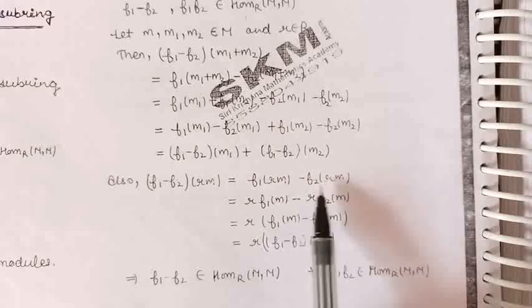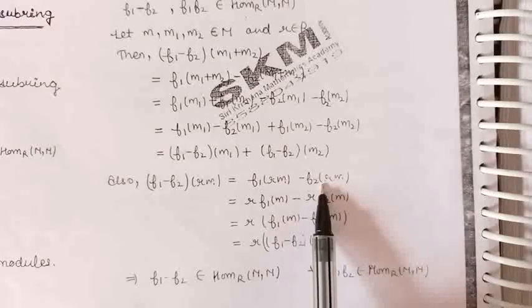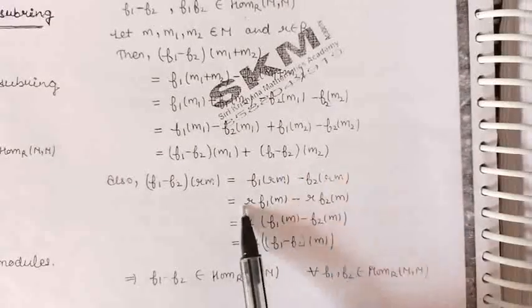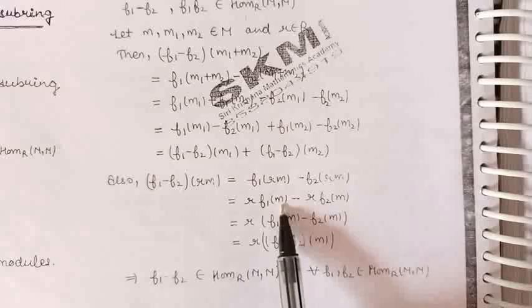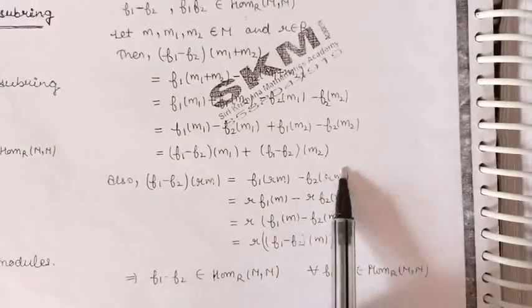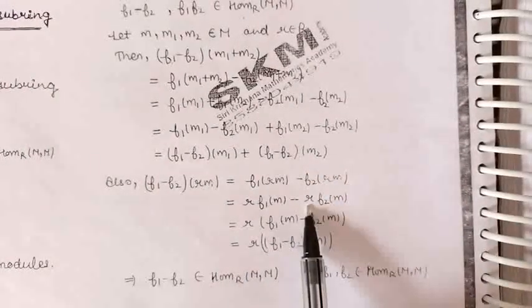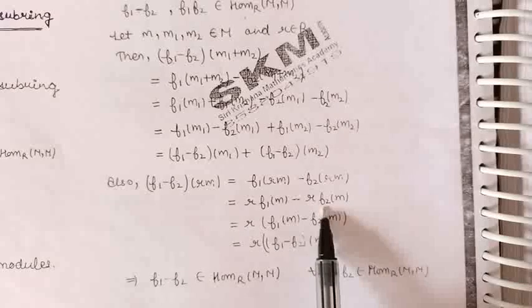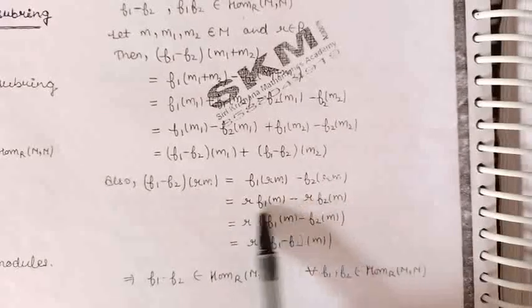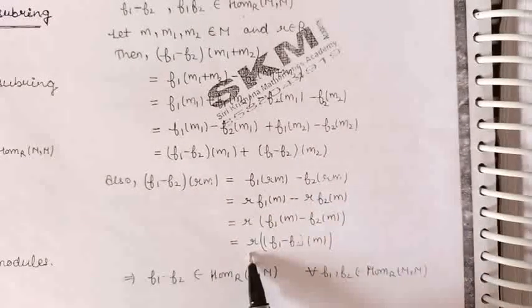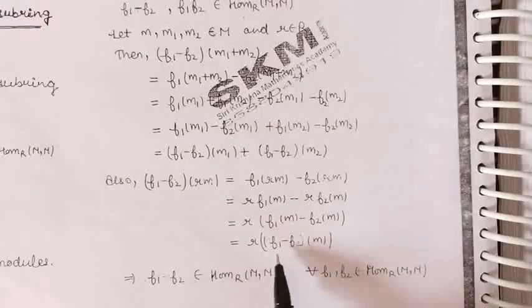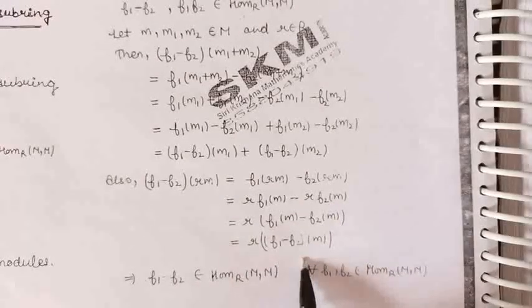Again, because F1 and F2 are endomorphisms of left R modules, by definition this can be written as r times the image of m under F1 minus r times the image of m under F2, and this can further be written as r times the image of m under F1 minus F2.